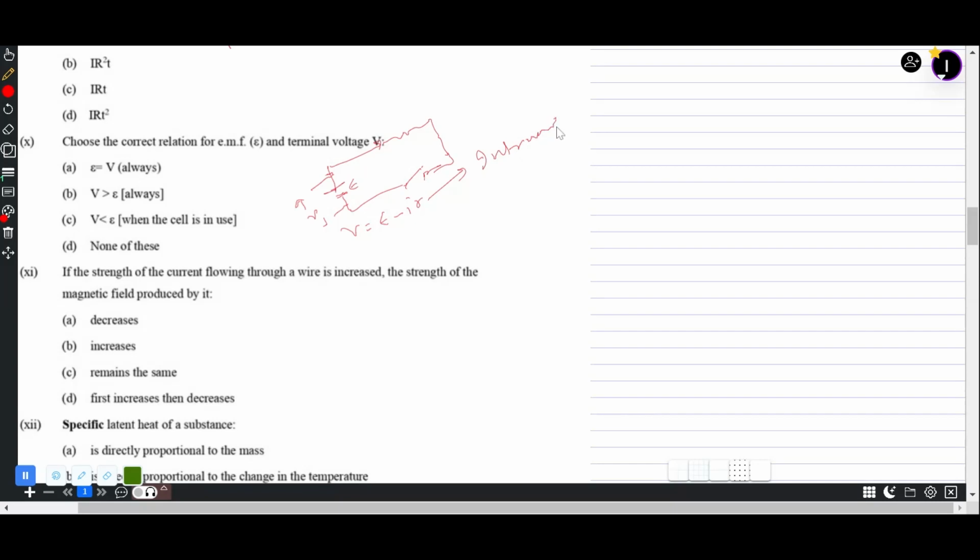Every cell will have some resistance. So V is less than E.